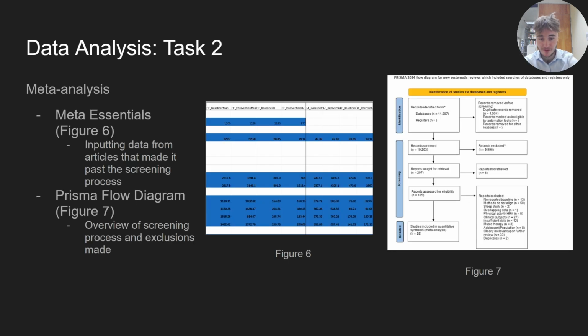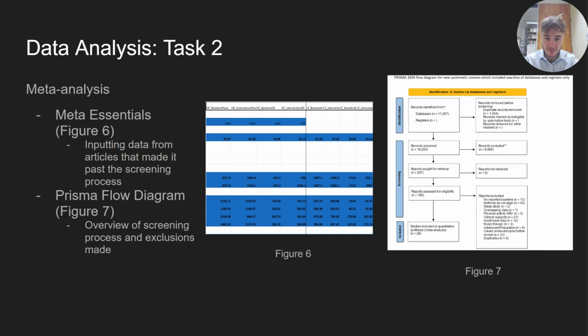For goal 2, data analysis involved compiling meta-essentials from the 28 non-review articles that made it past the screening process. These meta-essentials included high-frequency HRV, low-frequency HRV, PNN50, RMSSD, and SDNN. These are all different measures of HRV.